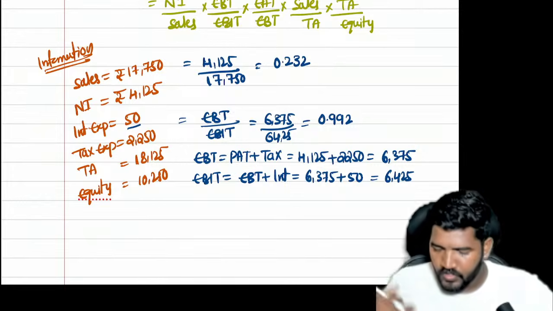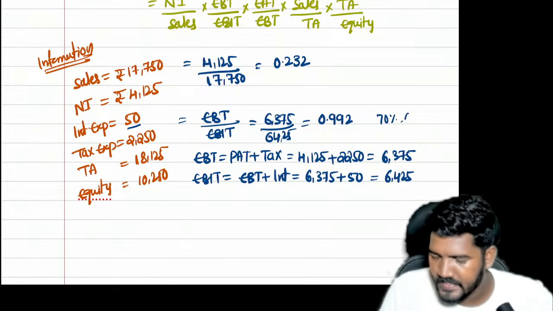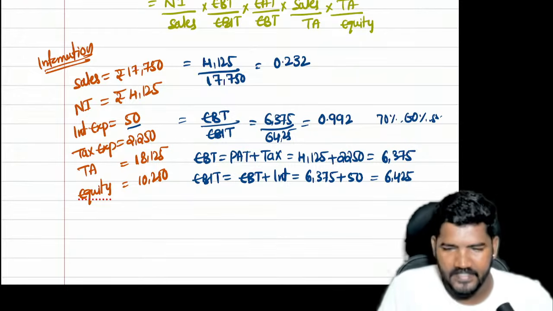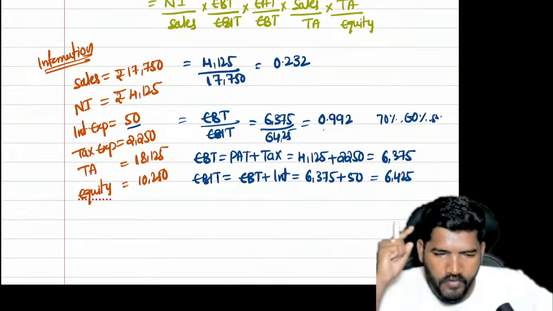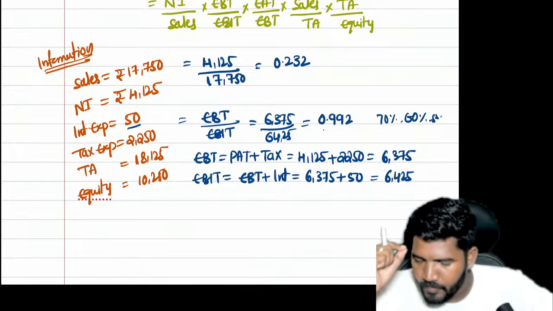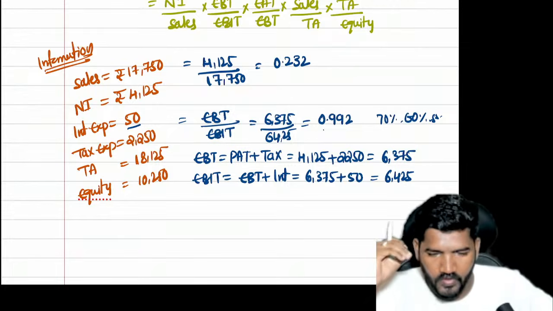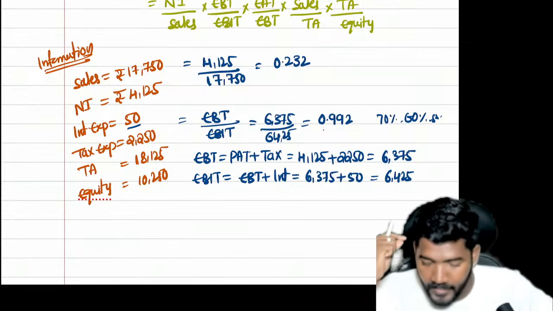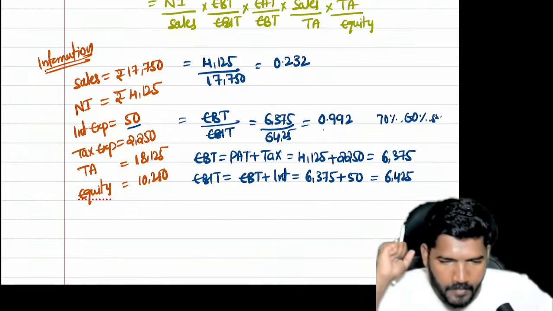Why? Because if it were much more, your answer would be 70% or 60% or 50%. If your answer is 0.99, it means for every 1 rupee of operating profit, you are paying only about 0.01 of interest. So you are earning 0.992 of EBT. That's why interest burden is minimum for the company.